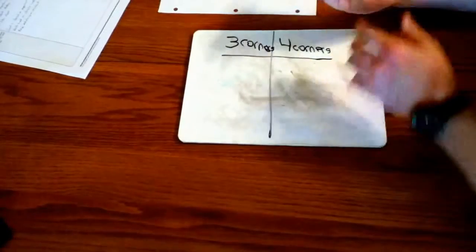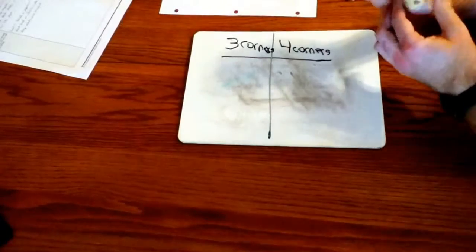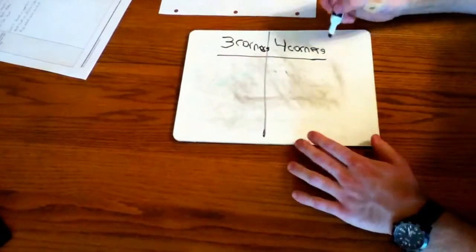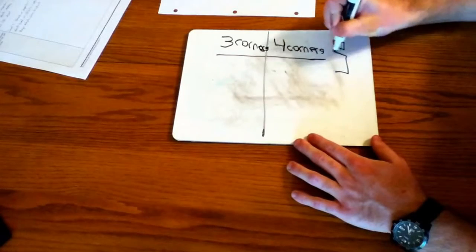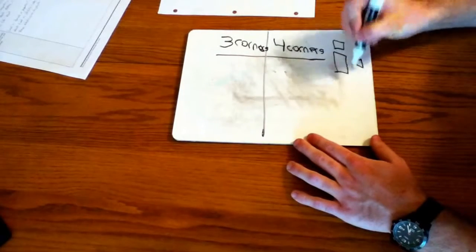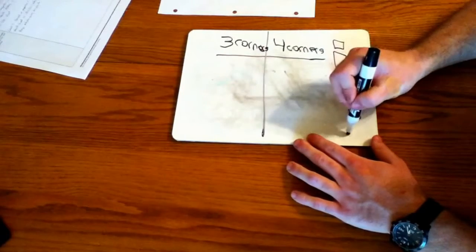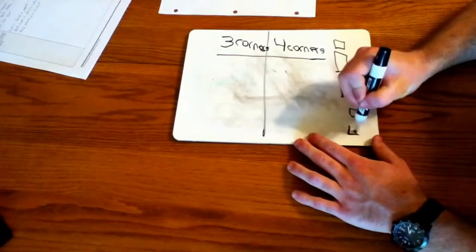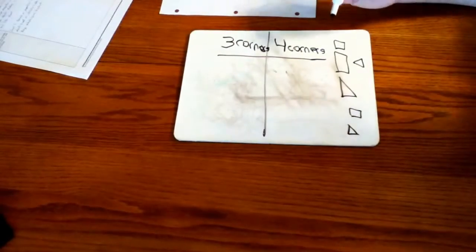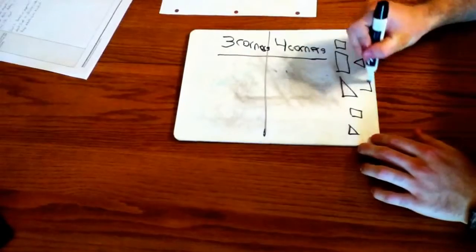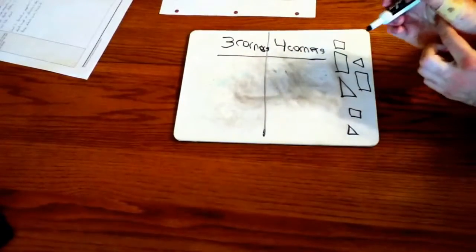You could have an array of shapes, say we have our shape bank over here, with all different sized shapes: squares, rectangles, triangles, etc. What they would have to do is put the correct shape in the correct slot on the T-chart.